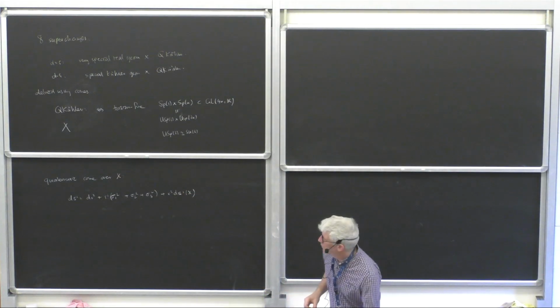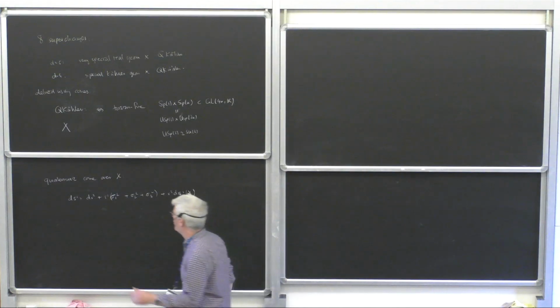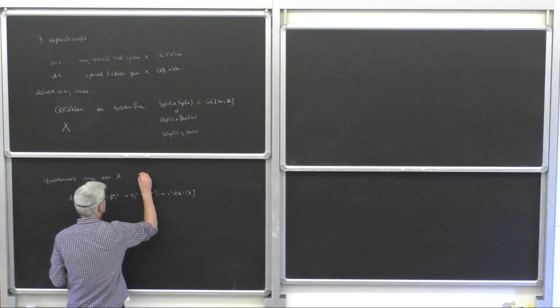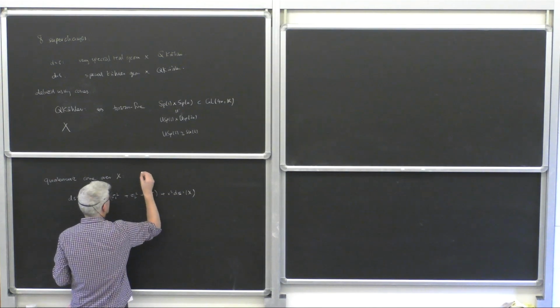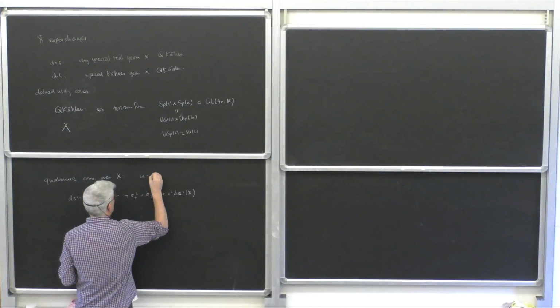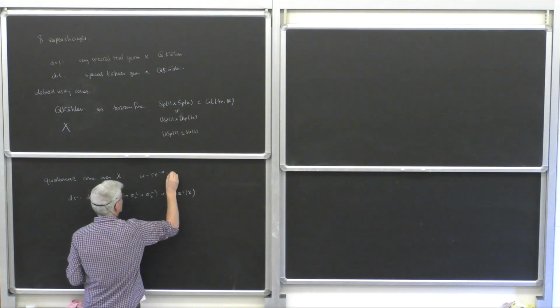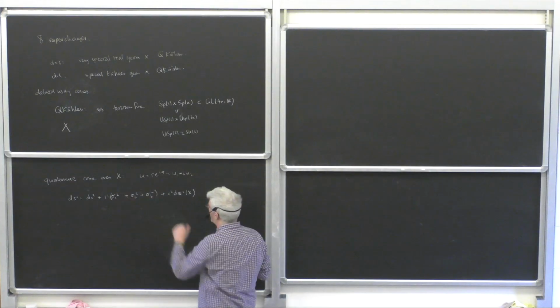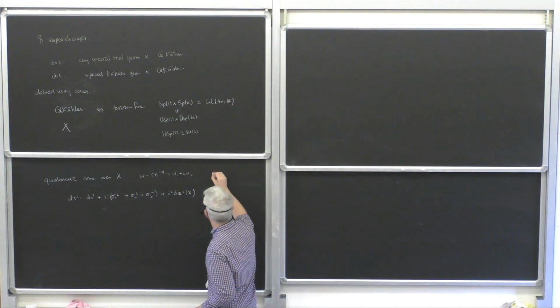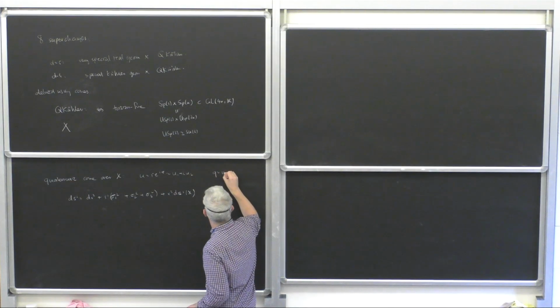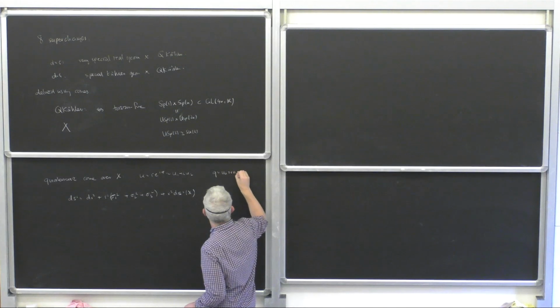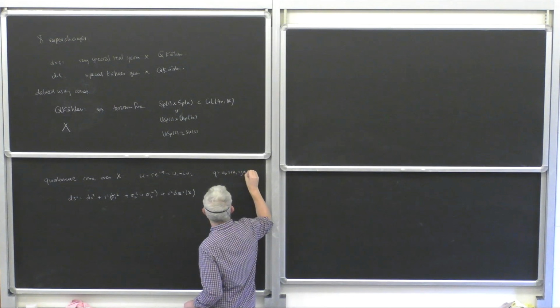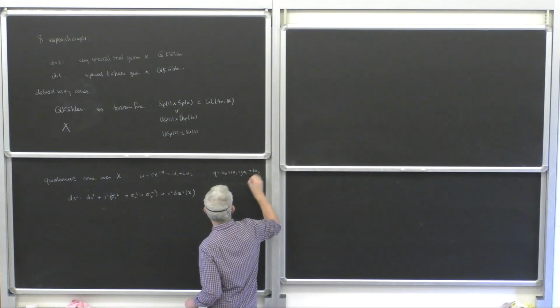Whereas before, for a complex cone, we introduced a coordinate u, which looked like r e to the i phi, and I could think of it as u1 plus i u2. Now I have a quaternionic coordinate, which looks like u0 plus i u1 plus j u2 plus k u3.